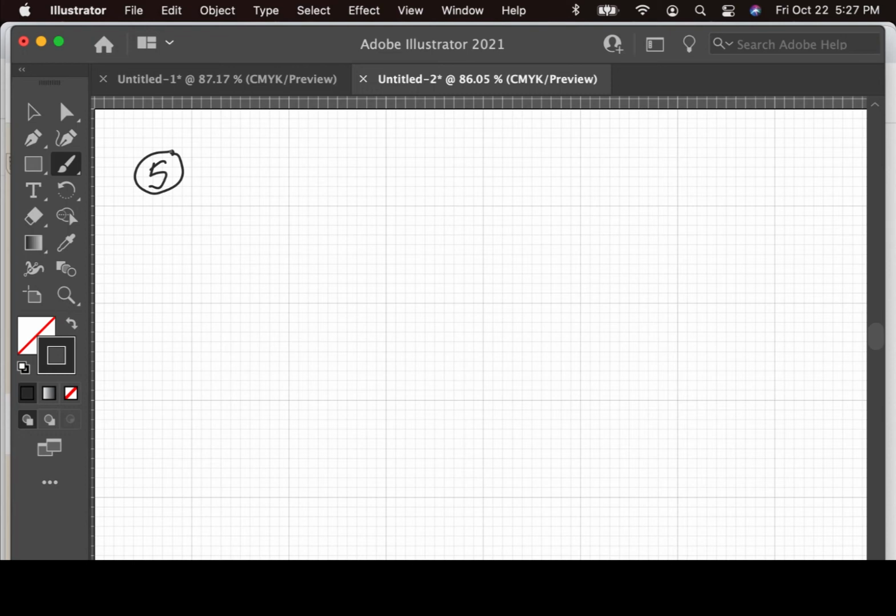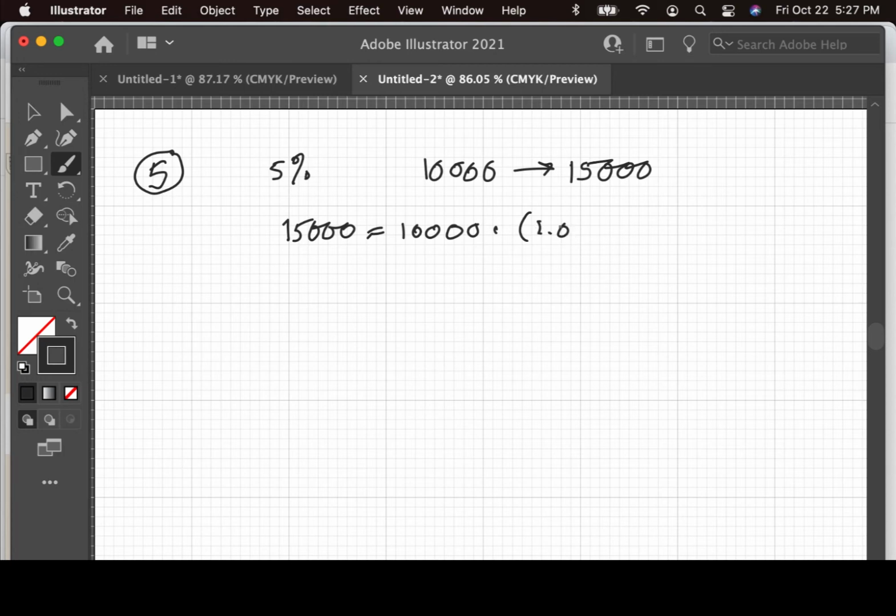And we've got our 5% annual growth rate, and we want to go from 10,000 to 15,000 at that interest rate. So the equation is going to look like 15,000 is equal to 10,000 times 1.05 to some power, let's call it n.